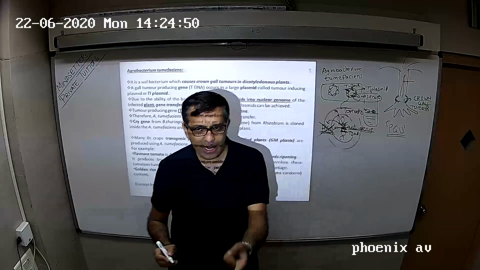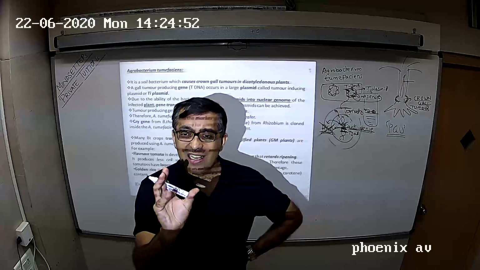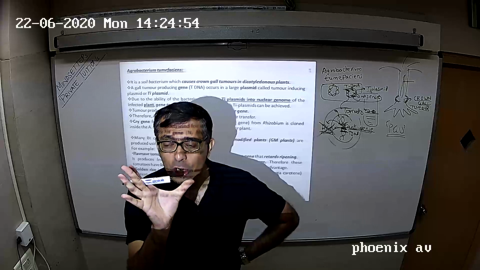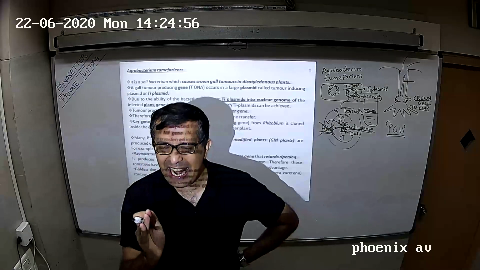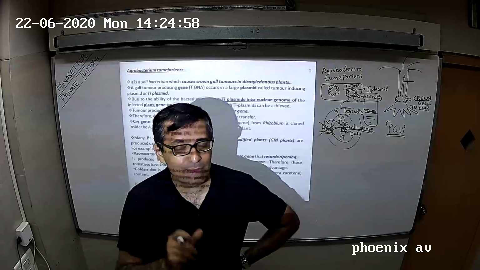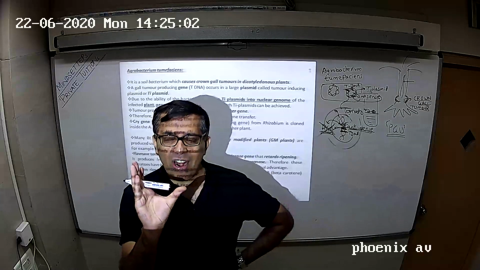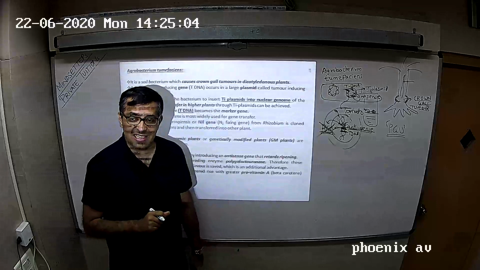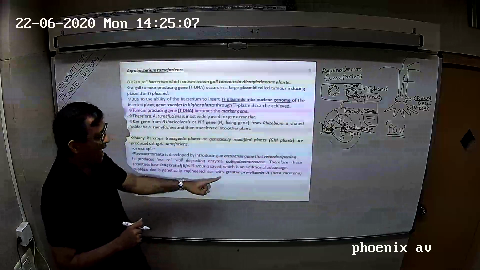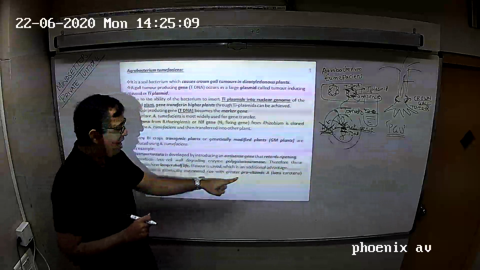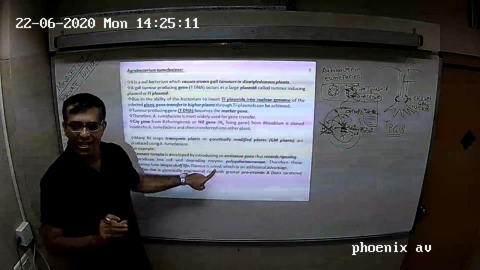So polygalacturonase will not be formed, the cell wall degrading enzyme is not produced, and that is the reason the shelf life of the tomato will increase, and such tomatoes have an additional advantage that the flavor is the same.